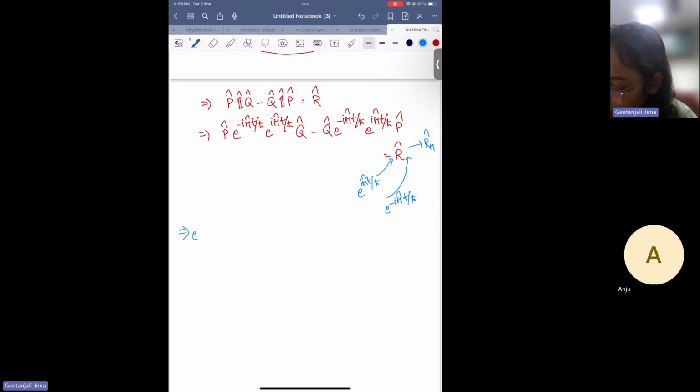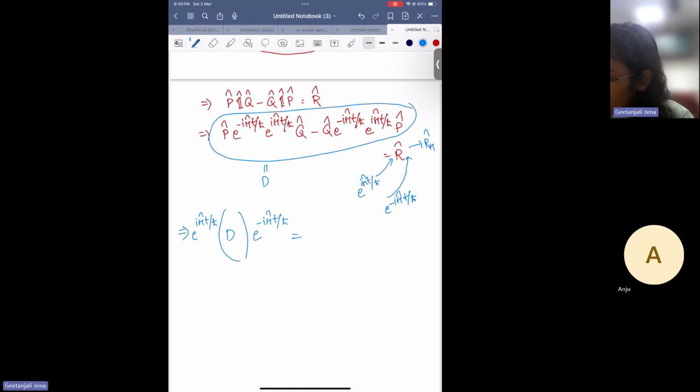So what I've done is I have multiplied e to the iHt by ħ with the total expression, and post multiplied e to the minus iHt by ħ. Then this is equal to e to the iHt by ħ times R times e to the minus iHt by ħ. Right? So this is nothing but R_H.